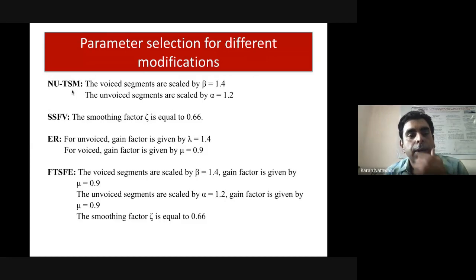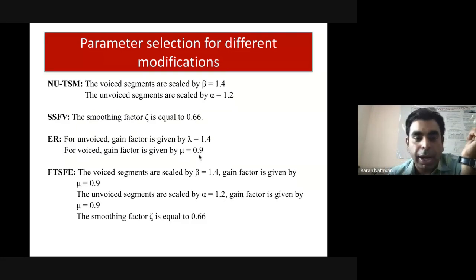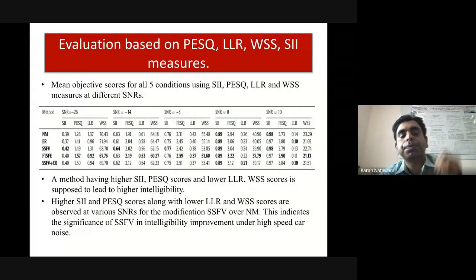For example, this is done by hand or by hit and trial. The voiced segment was scaled by 1.4, unvoiced by 1.2, smoothing was 0.66. Unvoiced gain factor, as I already told, unvoiced has to have more energy than voiced. So 1.4, and voiced was 0.9. These are used in the combined method.